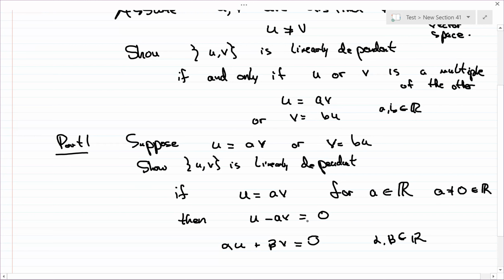So the alpha here can be 1 times this, minus a times this. So this equation implies that this equation holds where alpha is 1 and where beta is minus a. And since alpha is 1, there's a non-zero solution of this linear combination. So that already implies that the set U and V is linearly dependent.